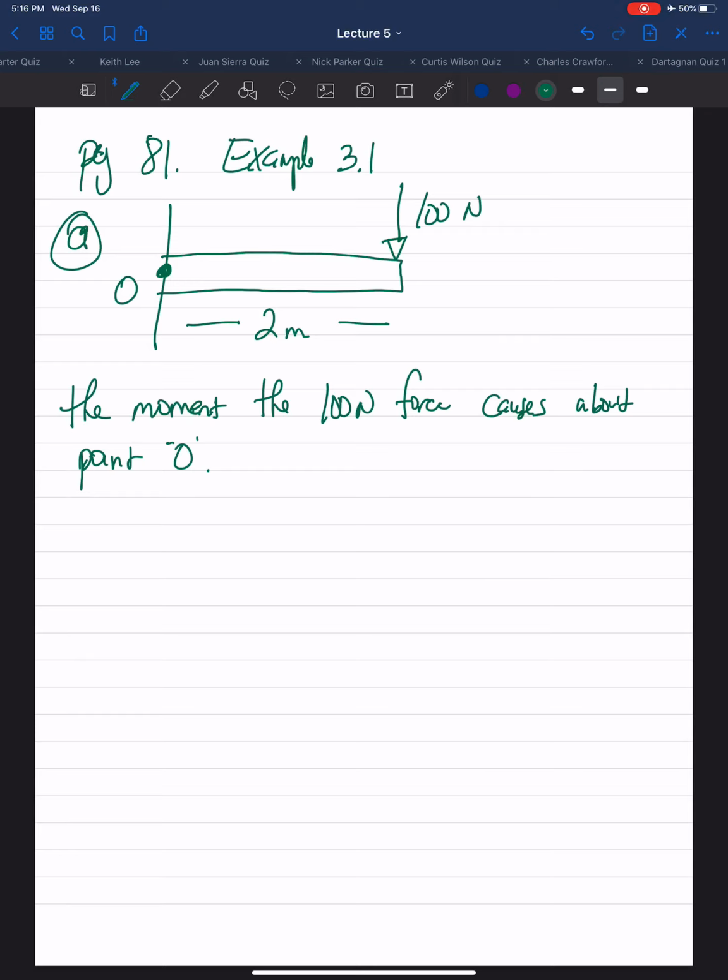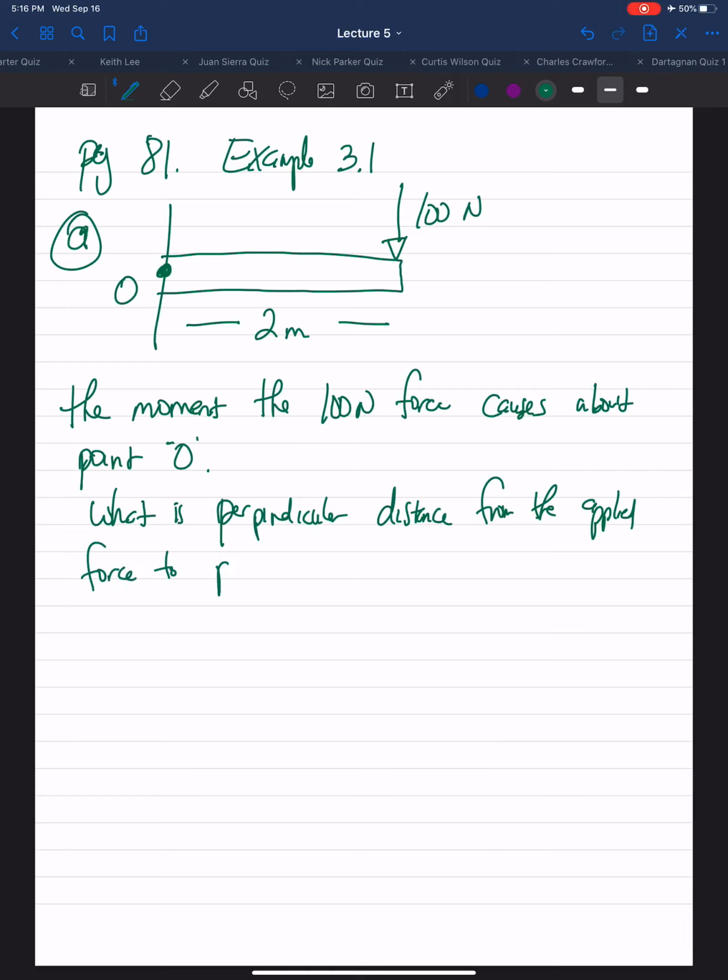Now, we said the magnitude of the moment is a function of the force and the perpendicular distance. What is the perpendicular distance? That's always the first question to ask. What is the perpendicular distance from the applied force to the point O?